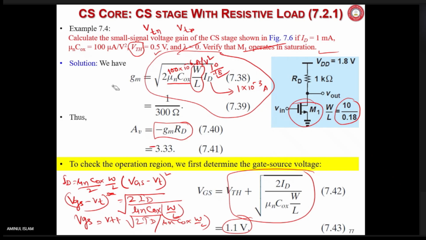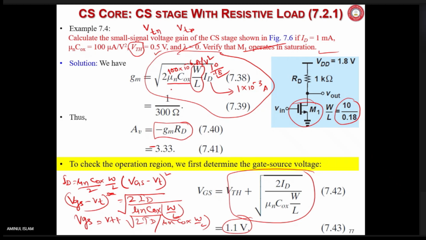So we have GM equals what? To find the gain, we need GM. GM equals the square root of 2 mu n COX W by L into ID. Is this acceptable, or do you want its proof?